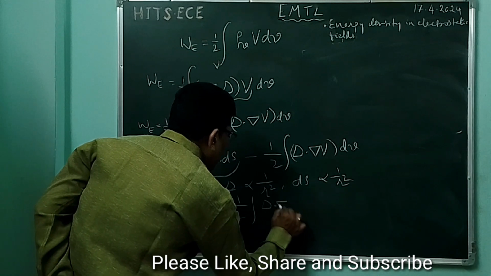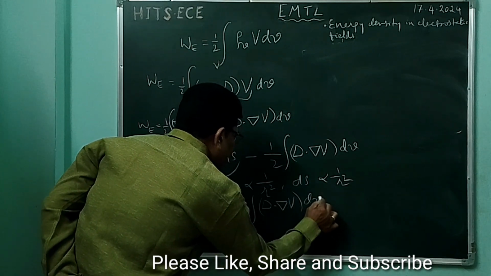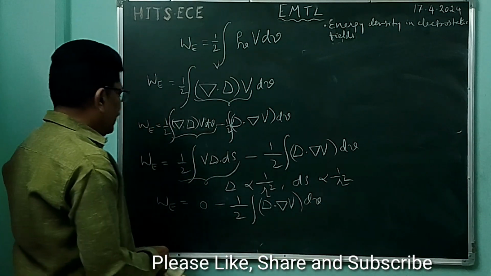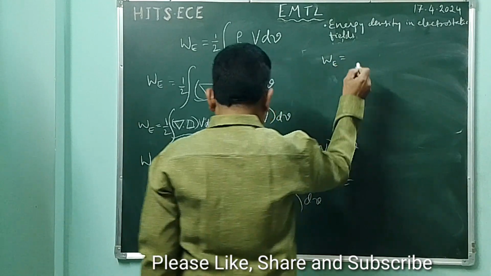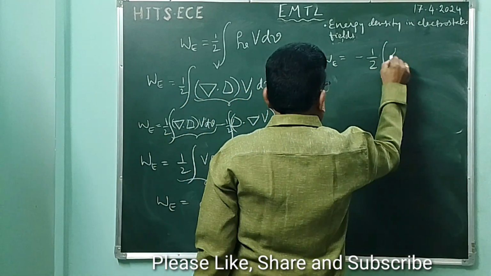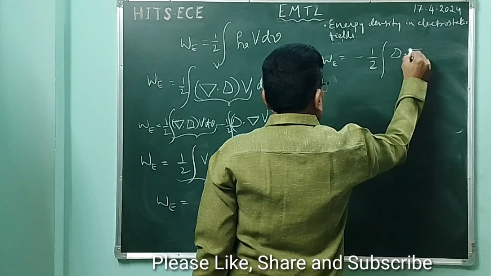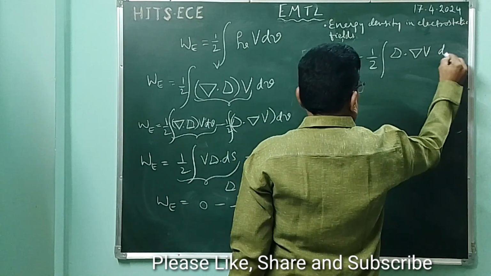This one will remain. So the total work done is W_E equal to minus 1/2 ∫D·∇V dv.